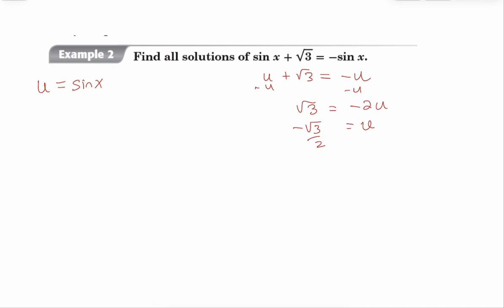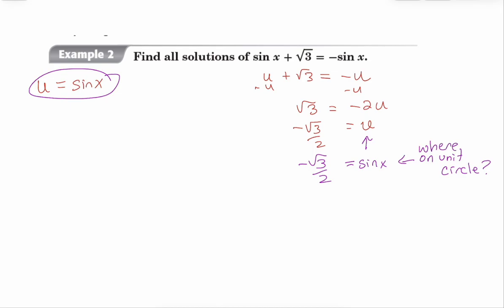Now remember, u is equal to the sine of x, so that's where it goes right here. And only once the trig function says the trig function equals some number do we actually use our unit circle. So where on the unit circle does that happen?